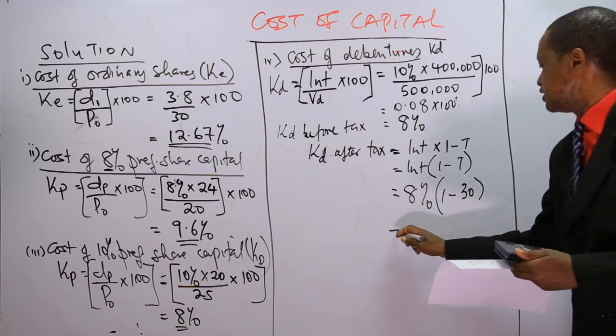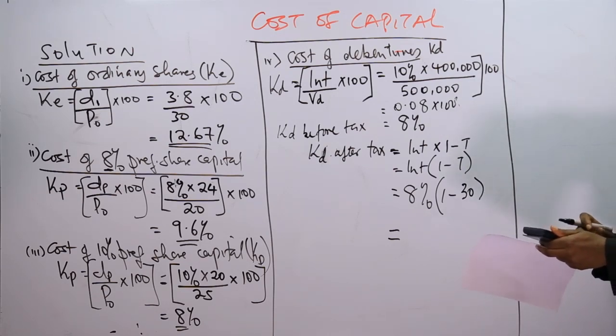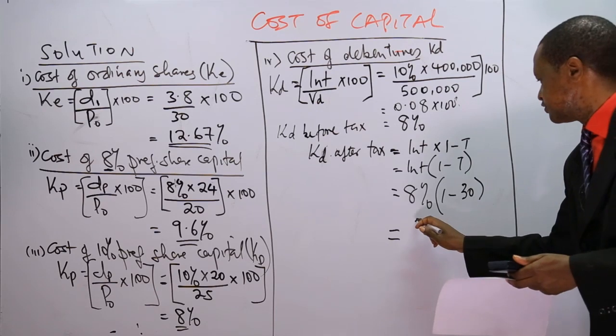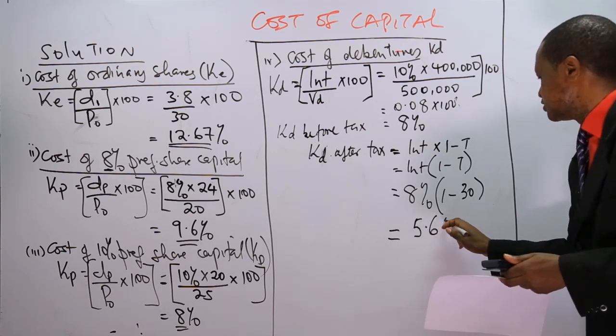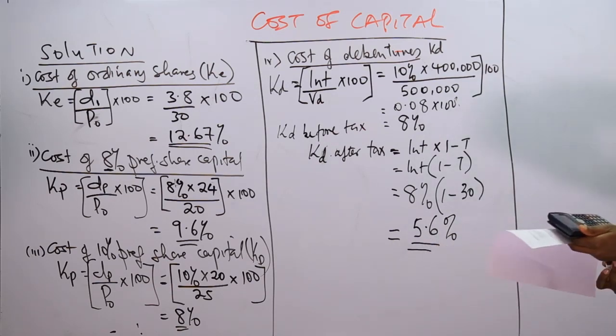So the KD after tax is 8% times 0.7, which is equal to 5.6%.